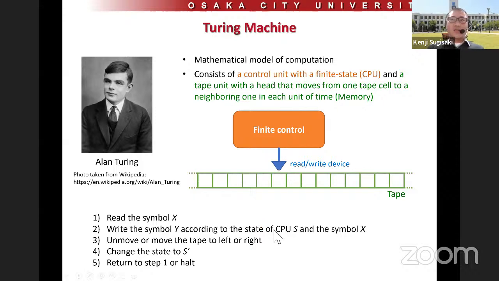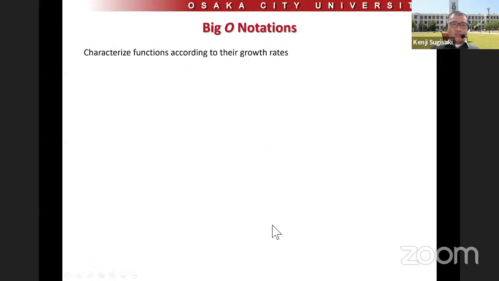Also, I'd like to introduce the big O notation. In this lecture series, I always use the big O notation, but here I would like to define its meaning. This big O notation classifies functions according to the growth rate.